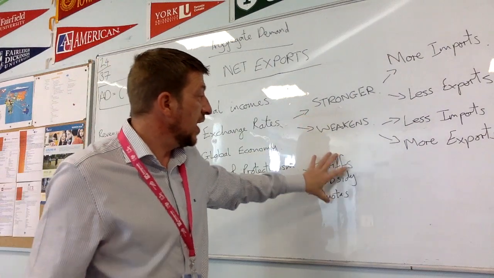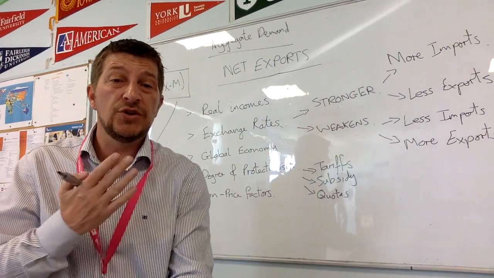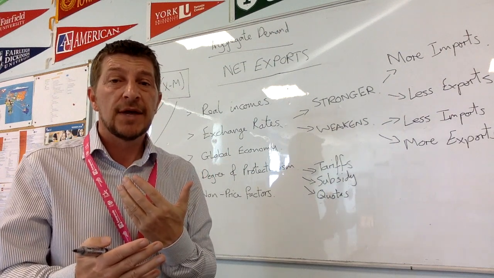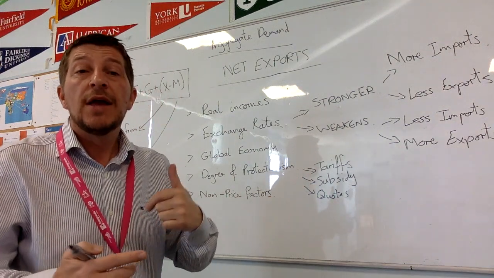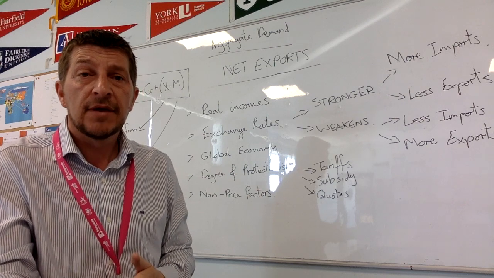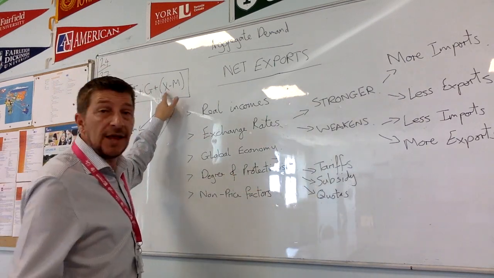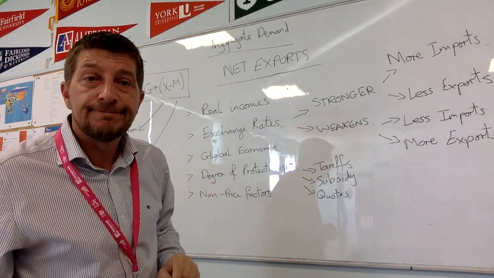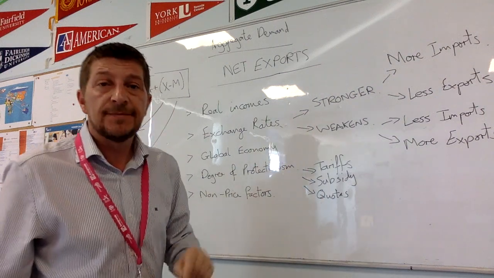If protectionism is high, then what you're doing is you are restricting imports. Okay, if you use subsidies, you are encouraging exports. Okay, so this will have a direct impact on the level of your net exports.